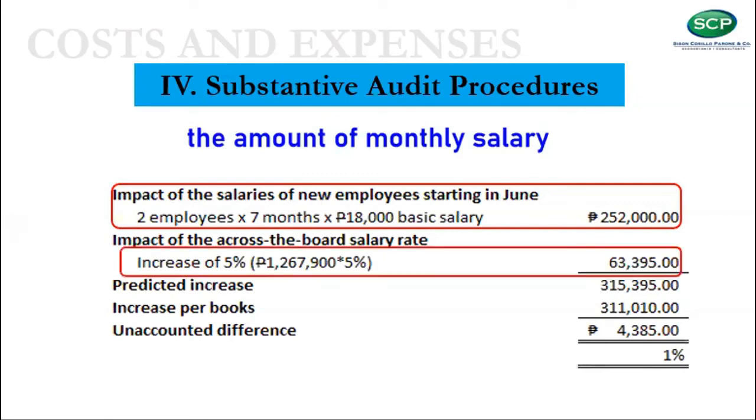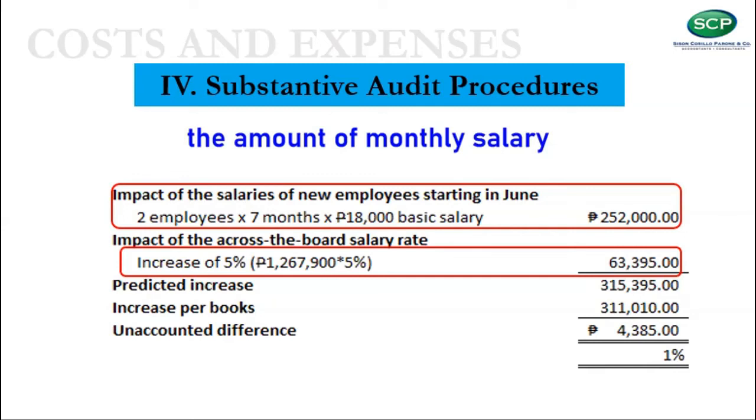We then compute for the impact of the across-the-board increase in January by multiplying the prior year's audited payroll by 5%, which will give us 63,395 pesos. So sabi niya kasi meron daw across-the-board increase given in January of this year.